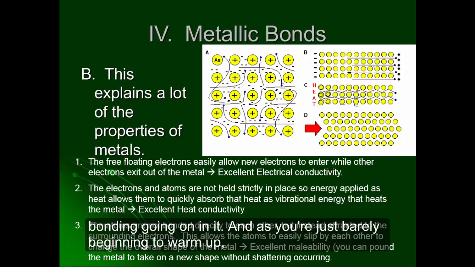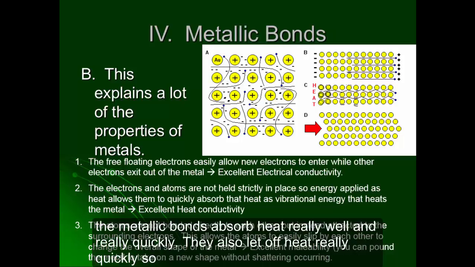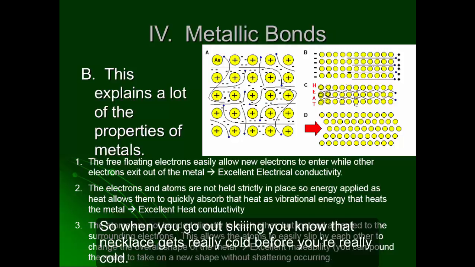And as you're just barely beginning to warm up, the necklace or maybe a metal zipper on your coat will heat up to the point that it's like burning you. It's really hot. And the reason is because the metallic bonds absorb heat really well and really quickly. They also let off heat really quickly.